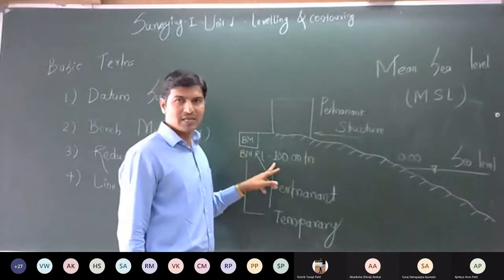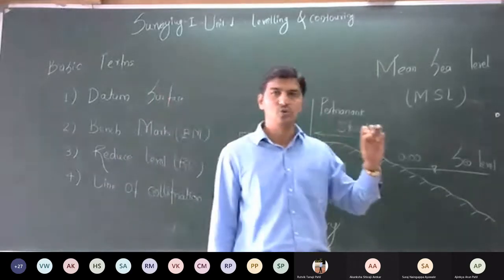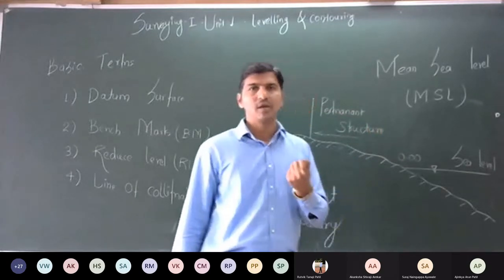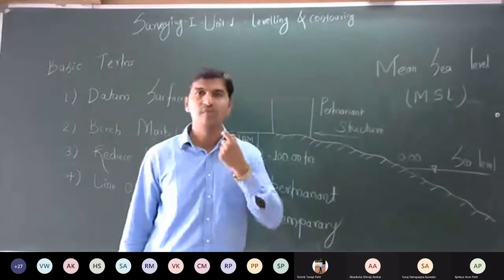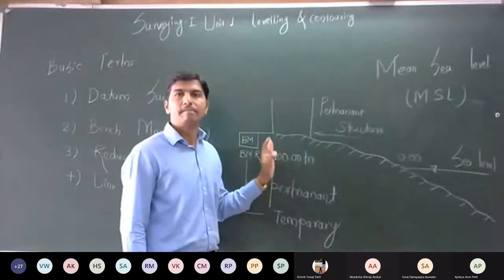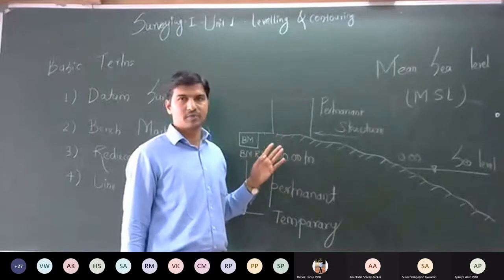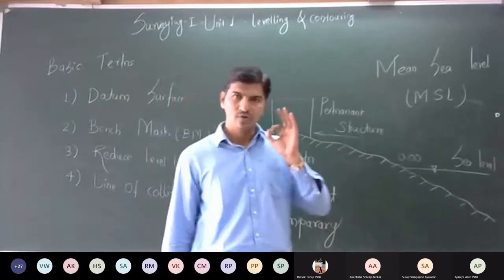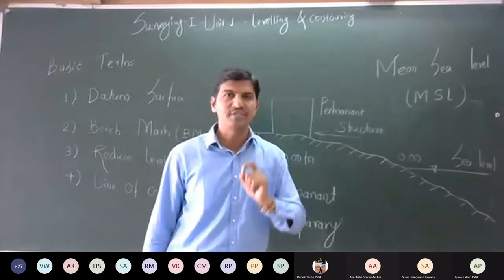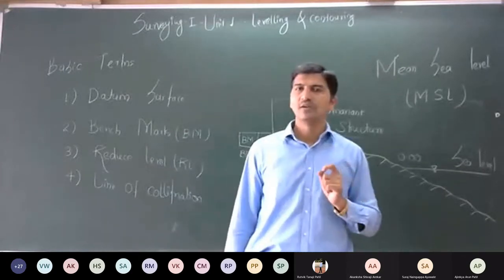The RL of the benchmark is 100.00. So if you want to construct some structures of importance, then we have to take the reference from this particular permanent benchmark. Have all of you seen the Kolhapur railway station?